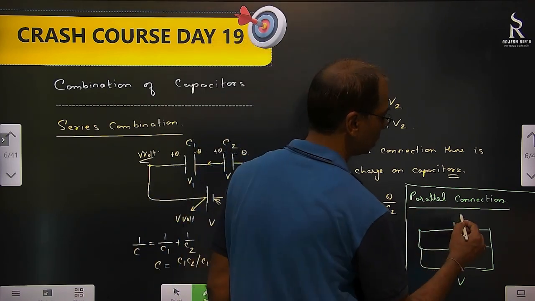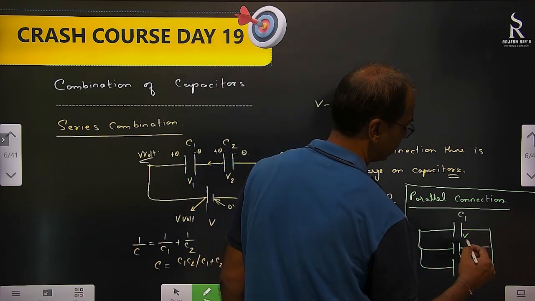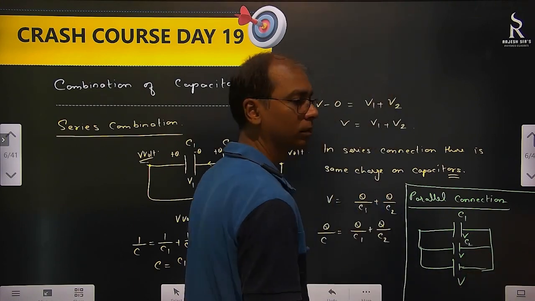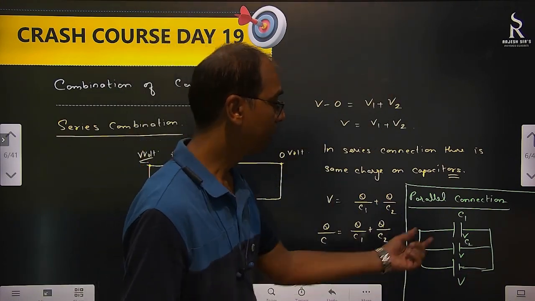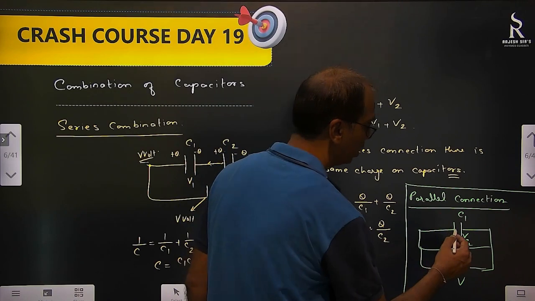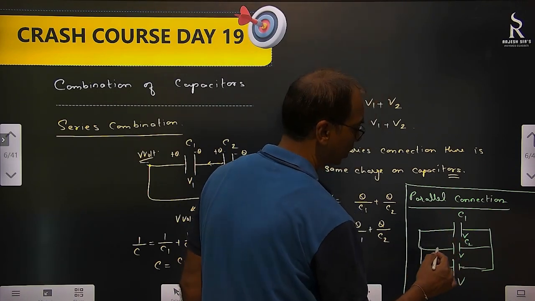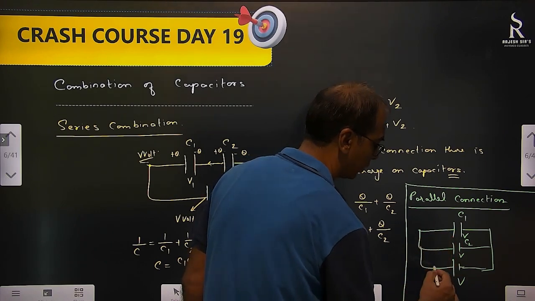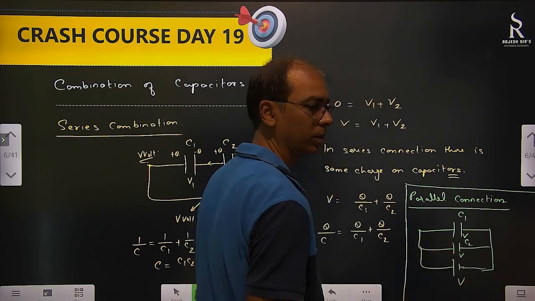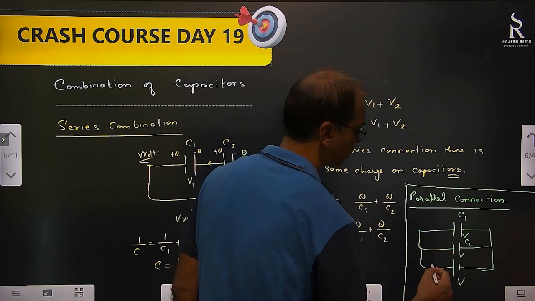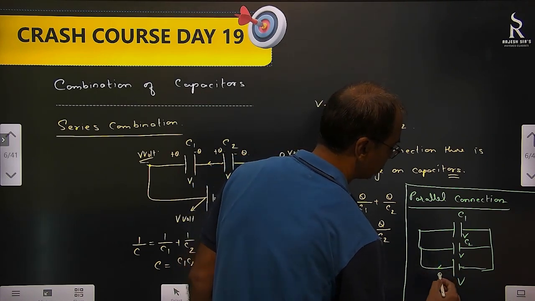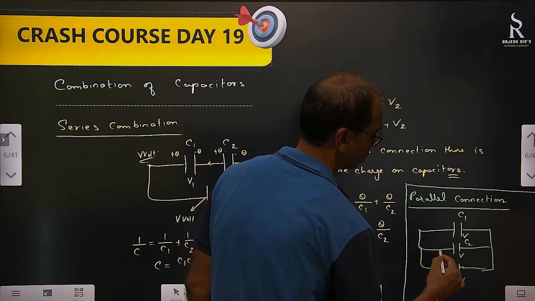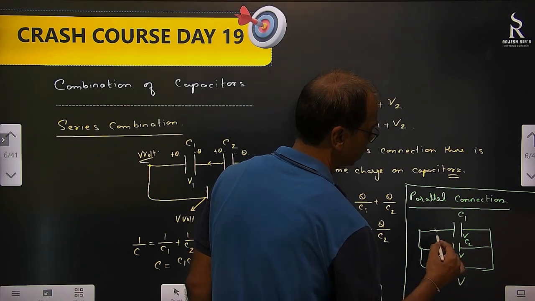And suppose here we say this is C1 and here we say C2. So what we can say in this one? From here maybe some electrons, from here some electrons. So total electrons going in this one is whatever electrons have come from here plus whatever electrons have come from here. So we say that suppose the total charge is Q, here charge is Q2 and here charge is Q1.